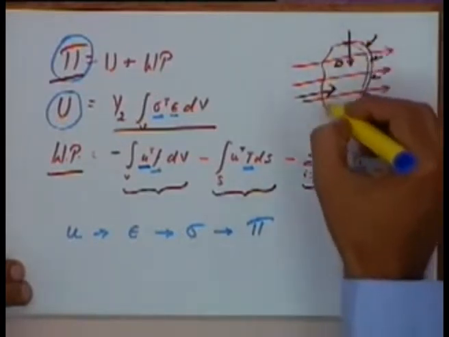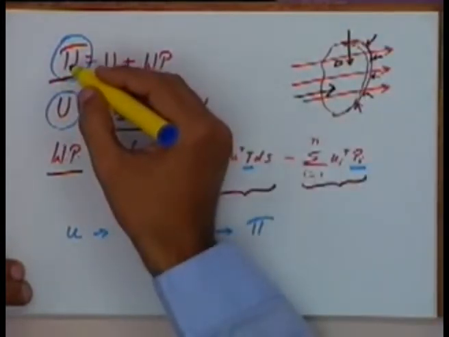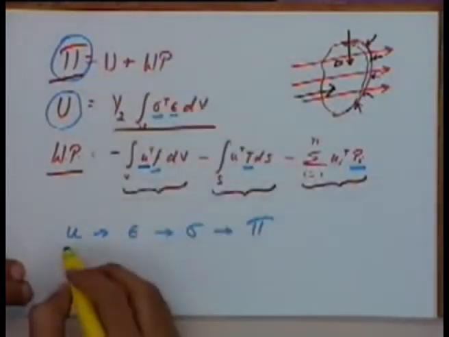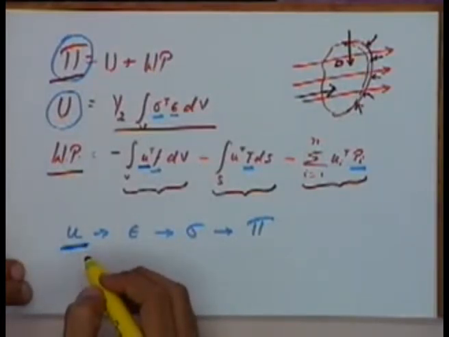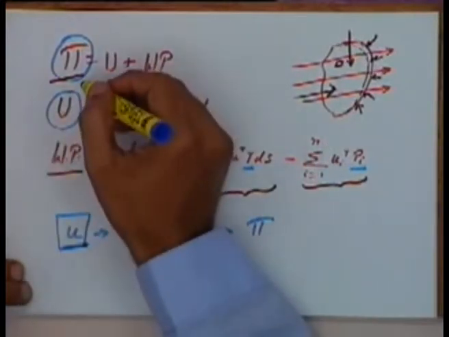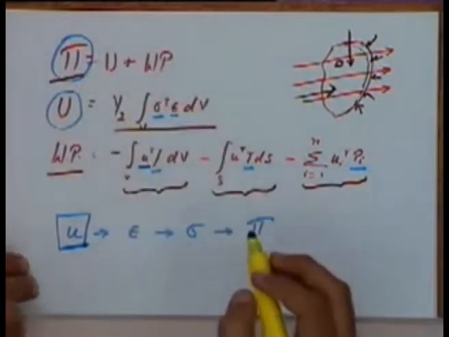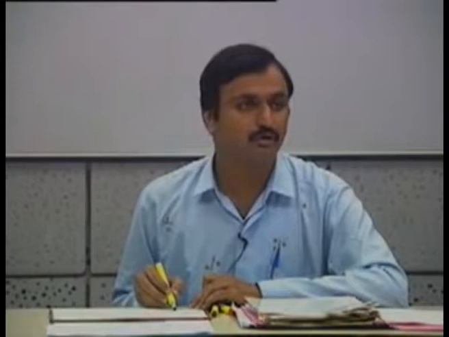So in any object, to find out the total potential energy, all that I need to know is an expression for the deformation vector U. If I know this deformation vector U, I can compute the total potential energy. And in a finite element approach, what we basically do is we try to get an expression for this vector u.